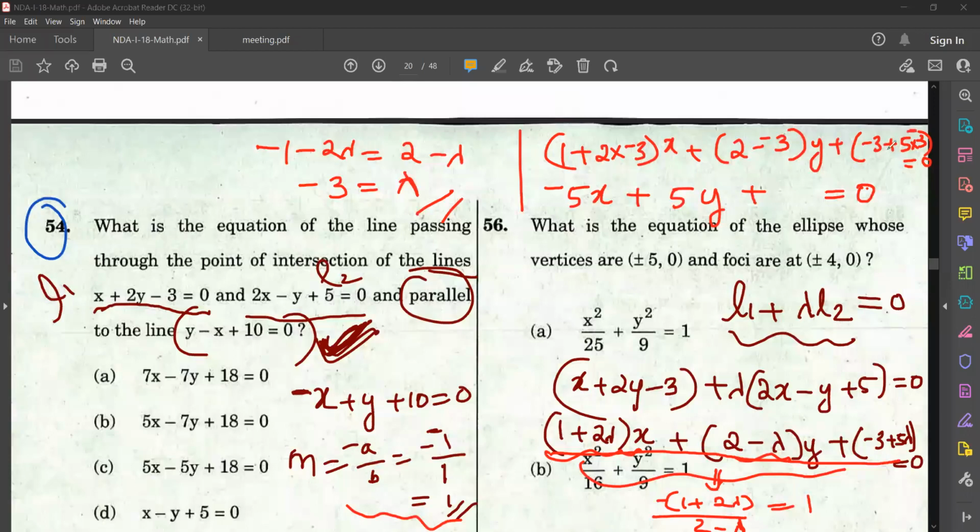Here minus 3, no? Lambda is minus 3. So minus 18 equal to 0. So if I rewrite, I'll get 5x minus 5y plus 18 equal to 0, if I take negative common. Understood? Okay. So the answer is option C. Option C is the correct answer.